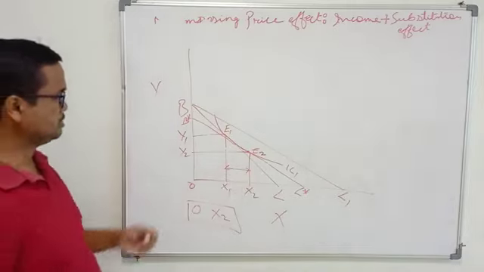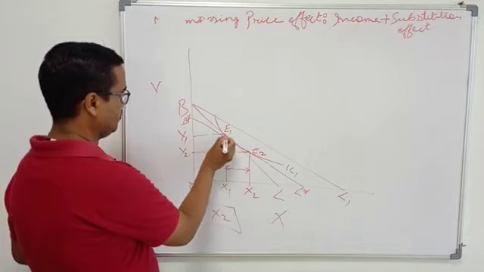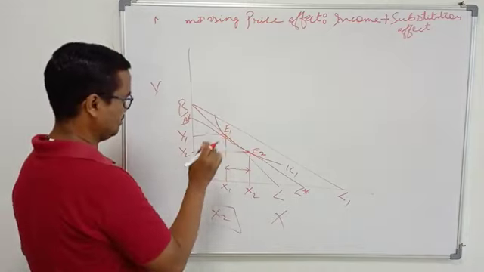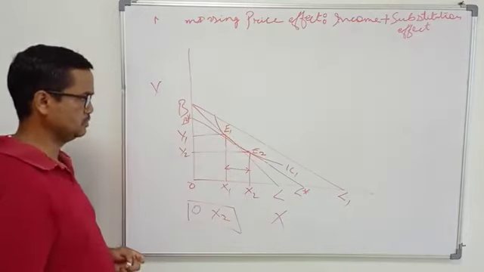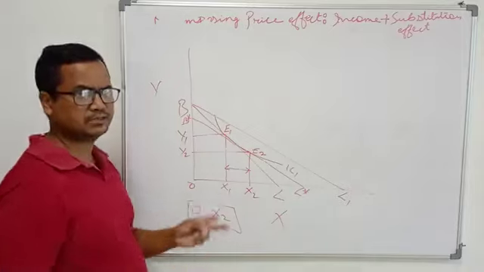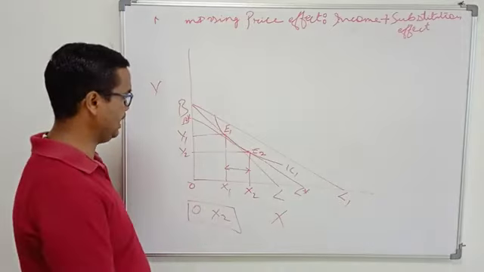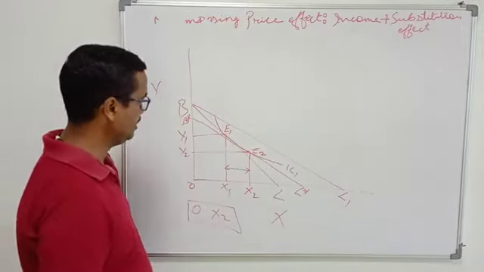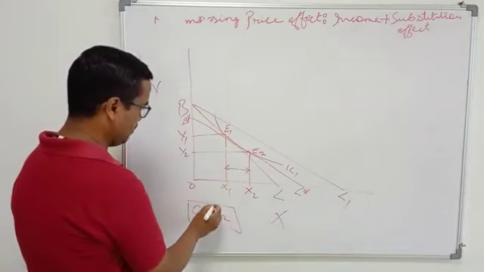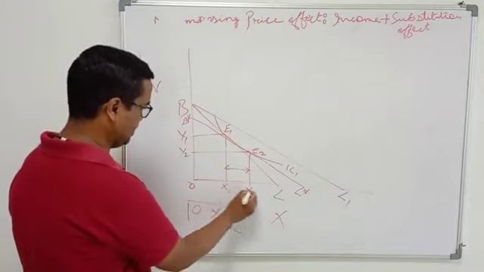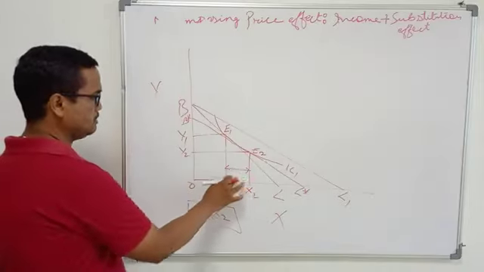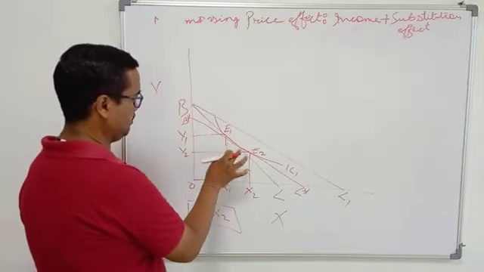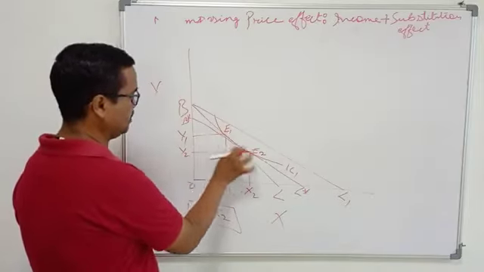Originally the consumer is in equilibrium at point E1, but since the price of X has reduced, we are allowing only the relative change in the relative prices of X and Y. So the consumer is consuming more of X, that is the X1 X2 amount, and the equilibrium point moves from E1 to E2.